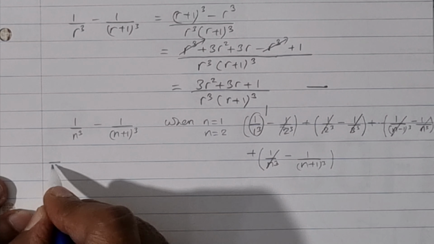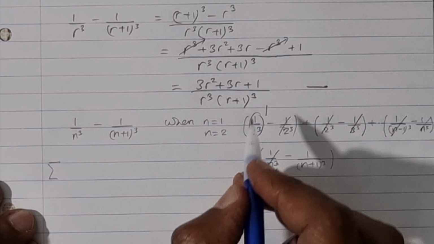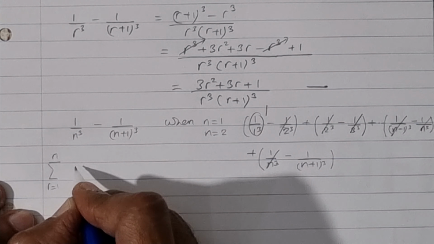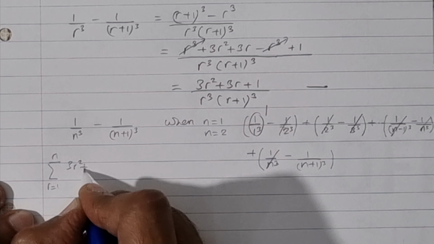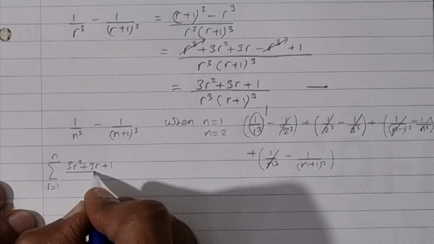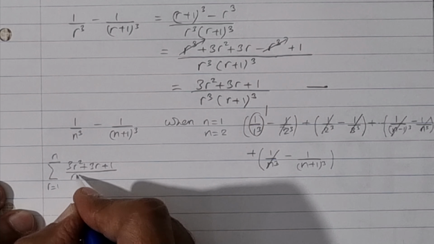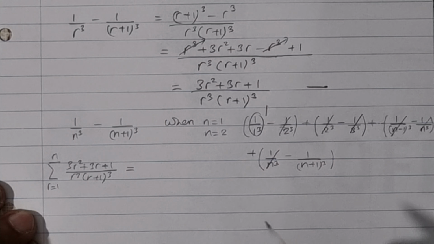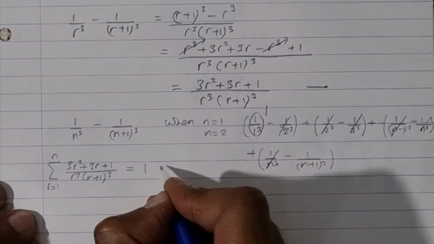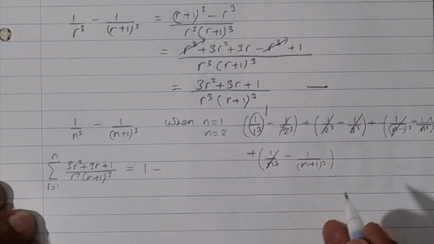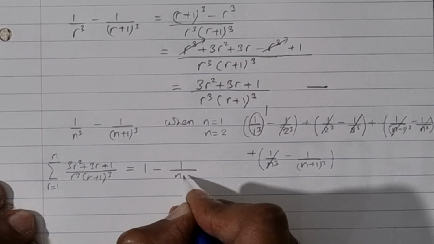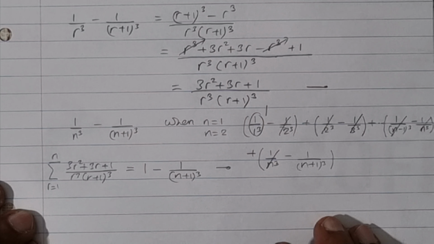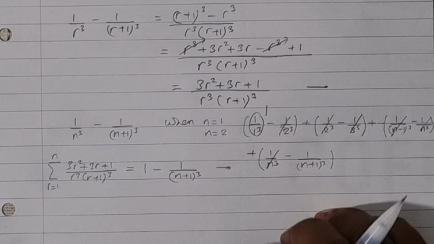So then the sum of all that expression, 3r squared plus 3r plus 1 divided by r cube into r plus 1 to the cube, is nothing more than just 1 minus 1 over n plus 1 to the cube. So that's my answer to this part of the question.